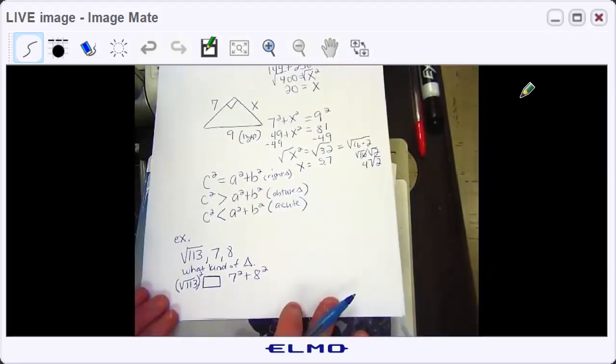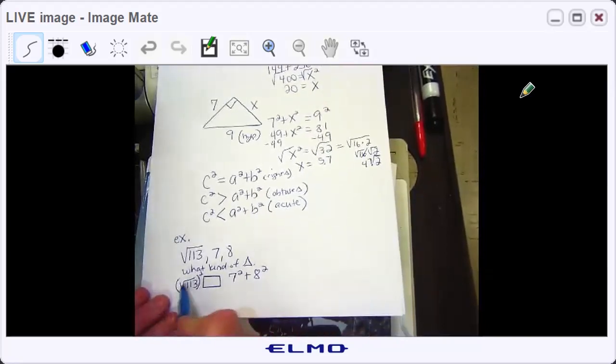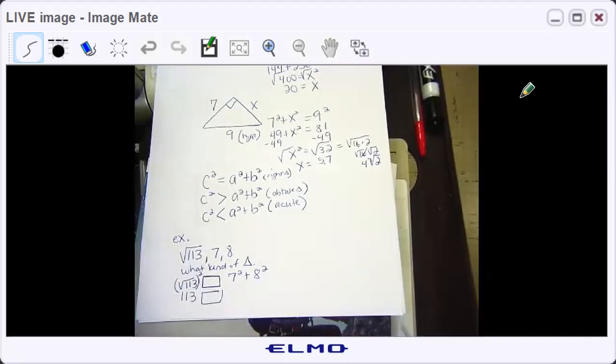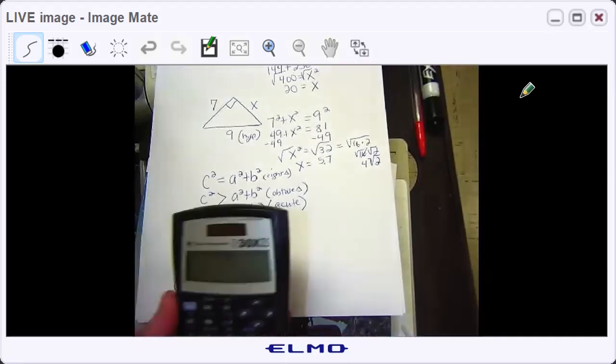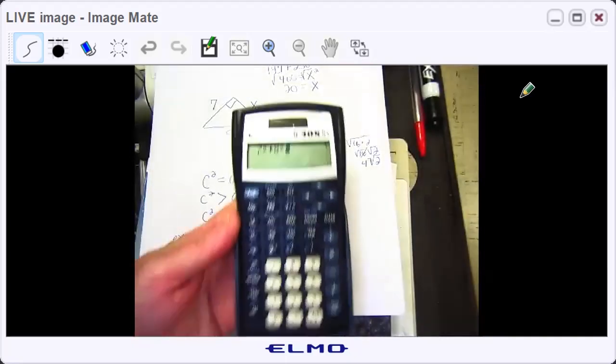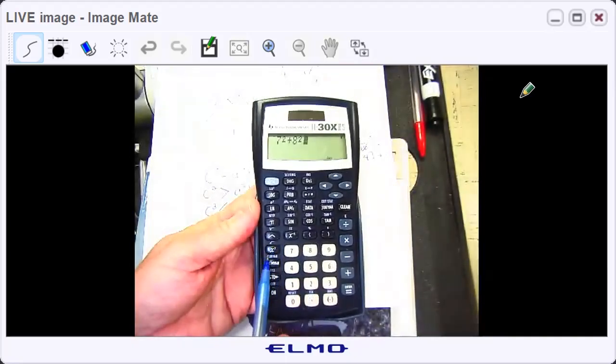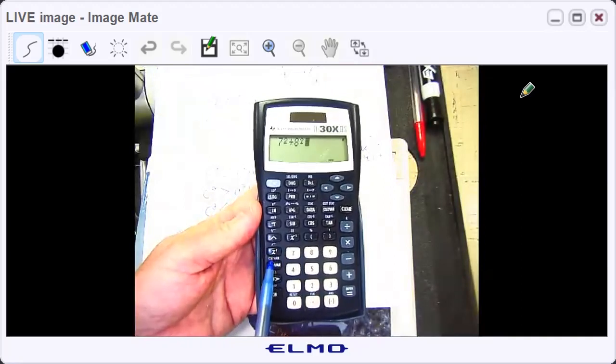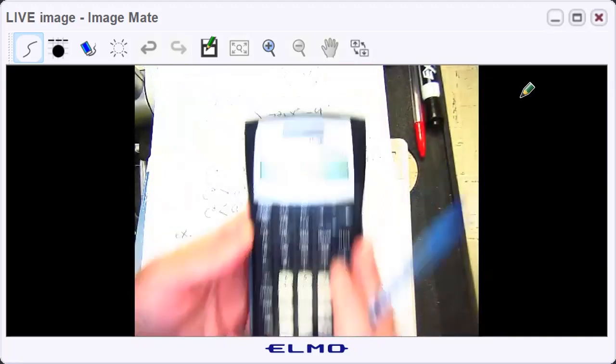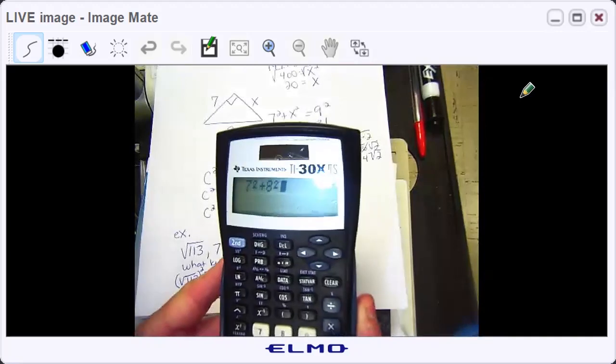All right. So as we keep going, these 2 things cancel out, so we're left with just 113 here. And let's just let our calculator compute the other. It can compute it in one step, 7 squared plus 8 squared. And the square button is right here on the calculator. It's the same button we used a minute ago for the square root, but if you don't hit the second, it'll punch the numbers in like I have on the screen.